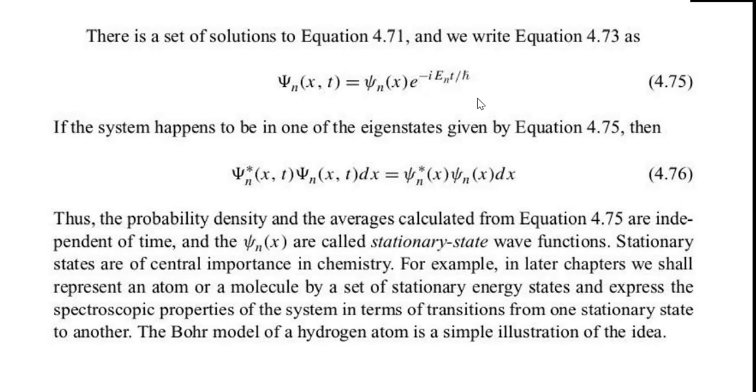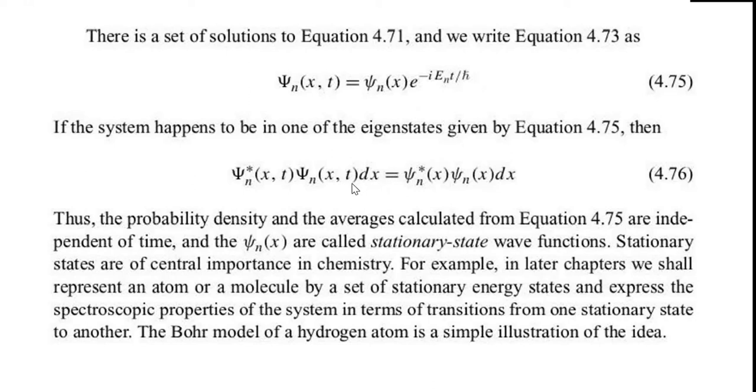For any complex number, if it is a plus ib, its complex conjugate becomes a minus ib. Simply plus to minus. So when you take the complex conjugate, the minus i becomes plus i: plus iEnt by h bar against minus iEnt by h bar. So they cancel out. e to the power 0 is 1.